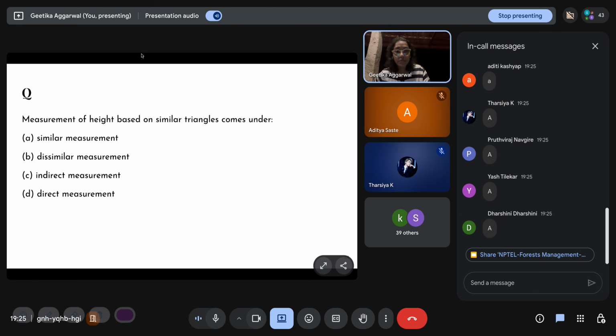Measurement of height based on similar triangles comes under similar measurement, dissimilar measurement, indirect measurement, direct measurement. So, when you're measuring the height of a tree using the similar triangle method, what does it come under? Which methodology? A very simple question. Which kind of methodology includes measuring the tree height based on similar triangles?